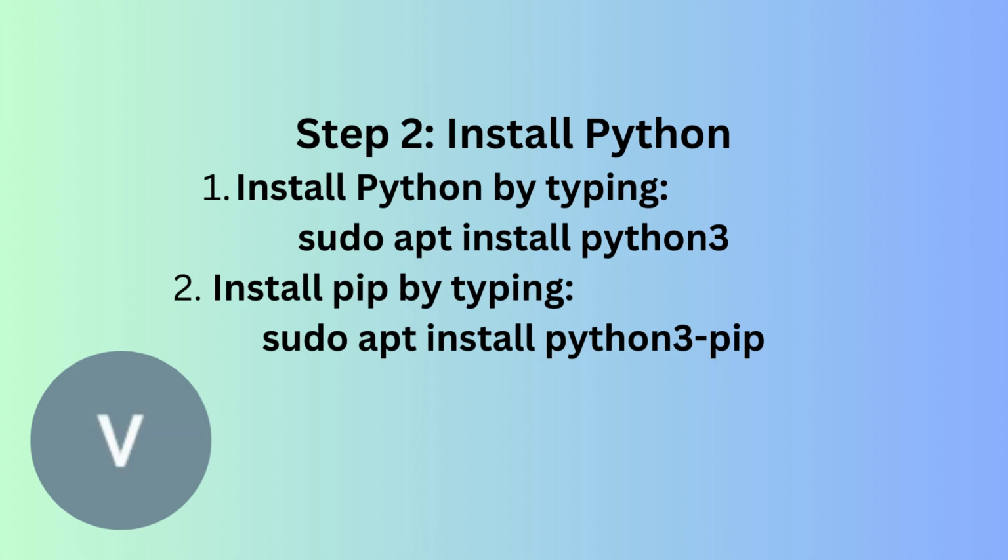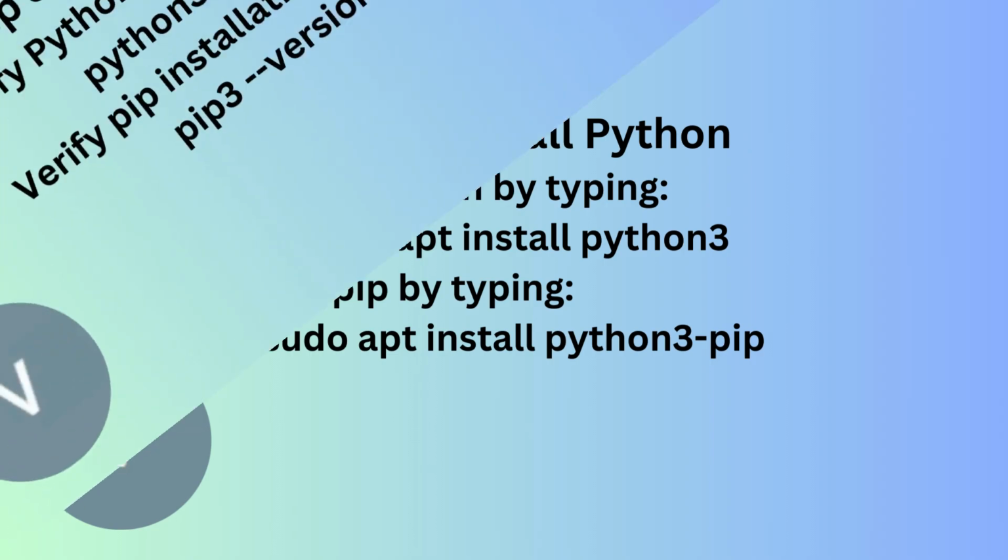sudo apt install python3, and the next step is to install pip: sudo apt install python3-pip. So along with python3, we should install python3-pip, these two commands on the Linux terminal.